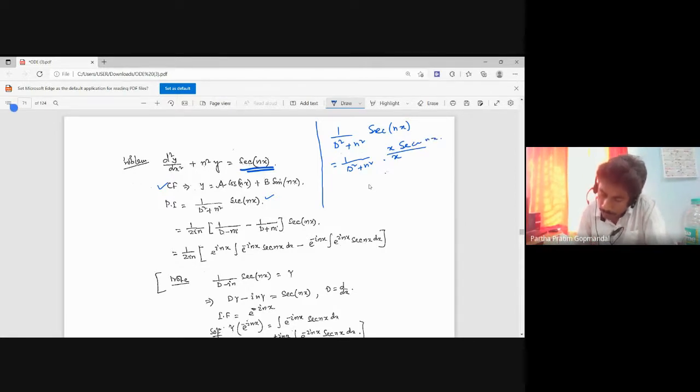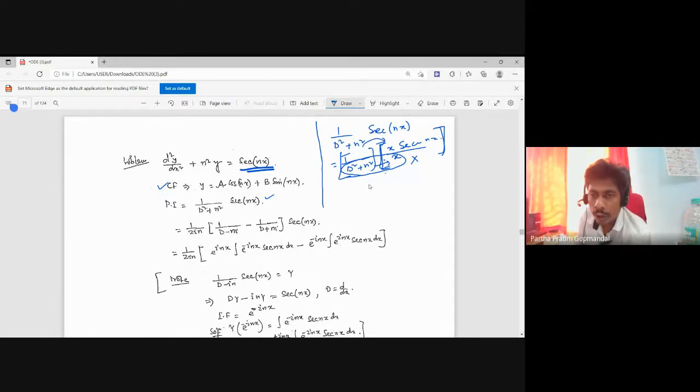What he wanted to do is consider 1 by D square plus n square, then operate that on the denominator function only, not the numerator. This is completely wrong. You cannot do it this way. You have to treat the function as a whole, a single function, and then operate the operator on that particular function, not individually on the numerator or individually on the denominator. It is completely wrong.